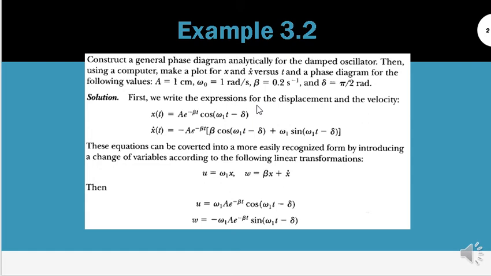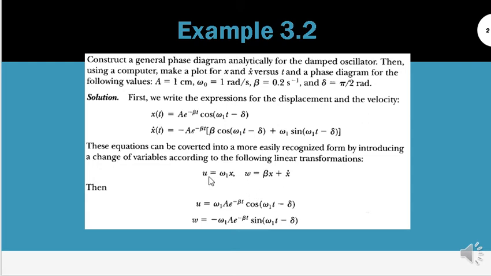Since we are required to have the time derivative of x, if we take the derivative of that, we have this equation. Now, since x of t and x dot of t are very hard to manipulate or to graph, we need to reform this into another form of equation, but we will just use that to graph this example.